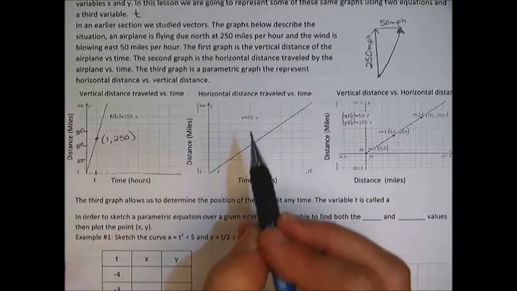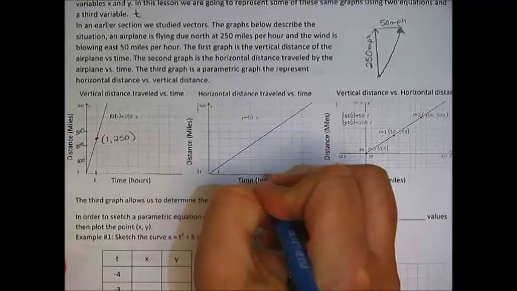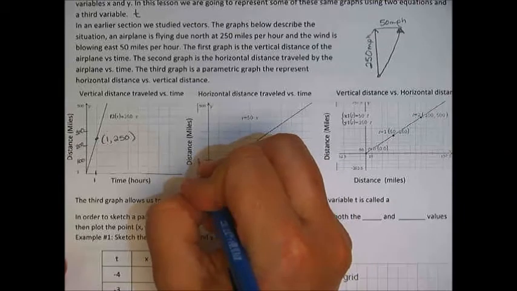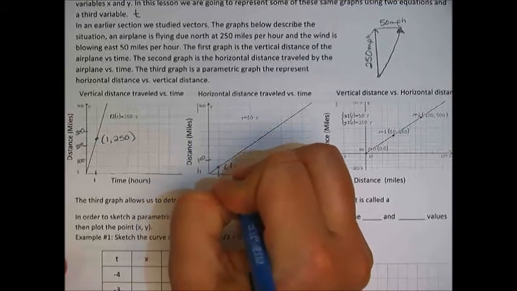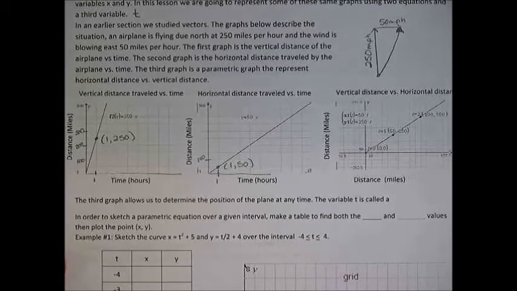We could also graph y equals 50 times x, and we can see that because of the wind, in 1 hour the plane, same scale here, would have been blown 50 miles to the east.